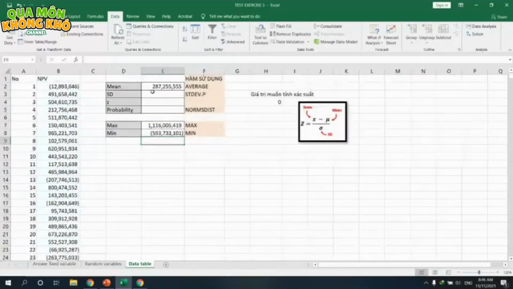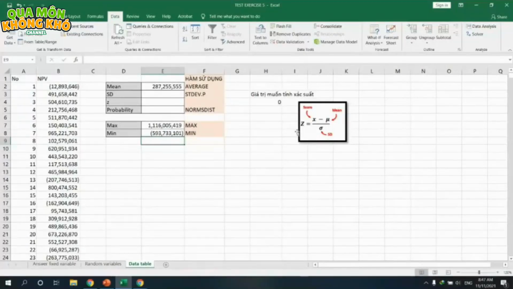So we have the average NPV is 287 million. The max value is 1.116 billion, and the minimum net present value is minus 500, approximately minus 600 million.